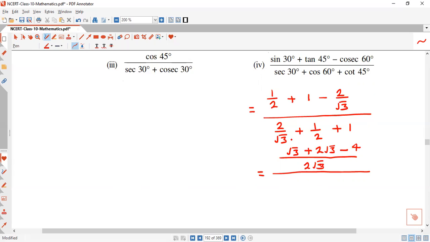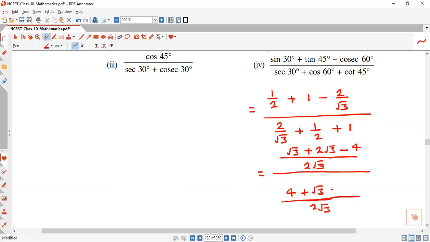Again in the denominator, we take 2 root 3 as LCM. So 2 root 3 is multiplied with the first term, 2 upon root 3, root 3 cancels out, 2 into 2, 4. Plus half is multiplied with the LCM 2 root 3, the 2 cancels out, we are getting root 3.